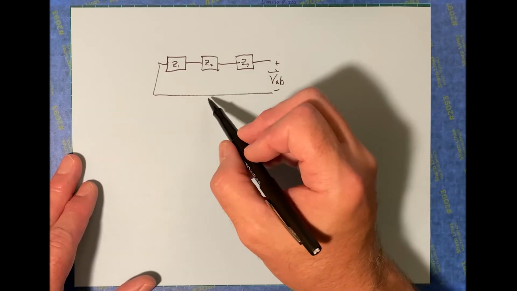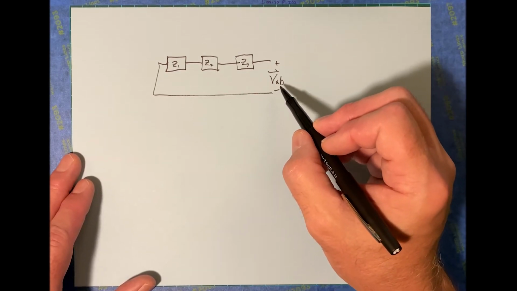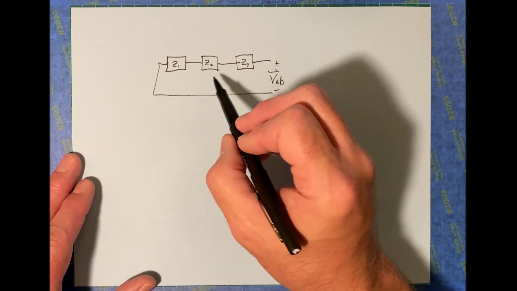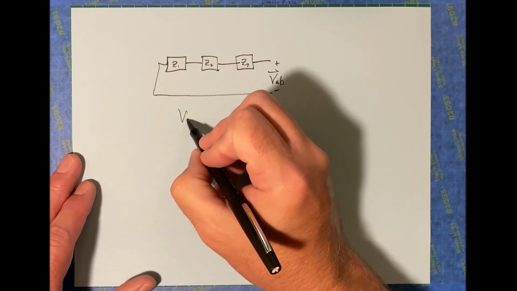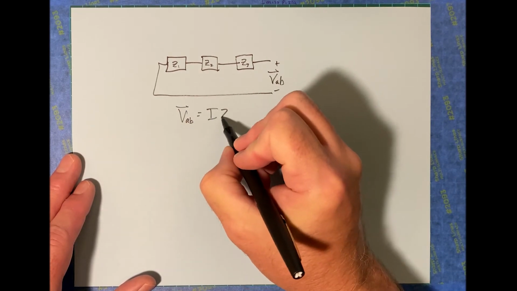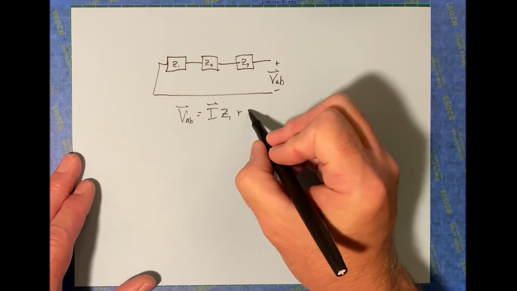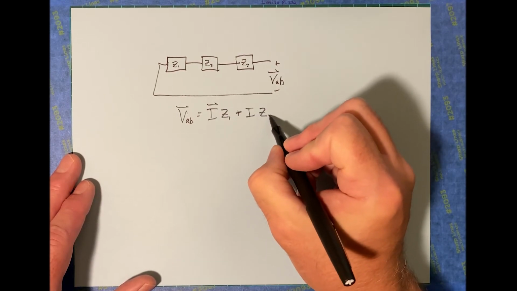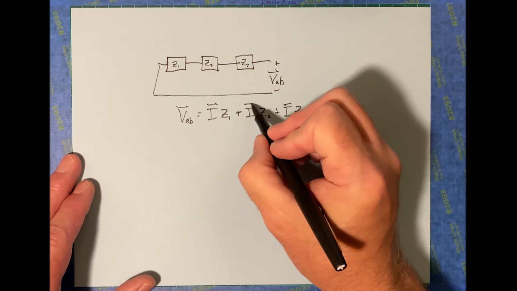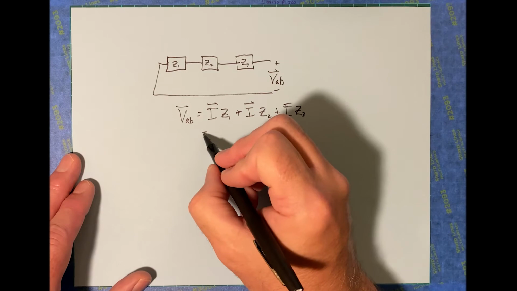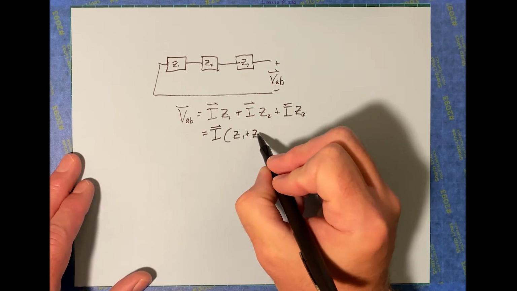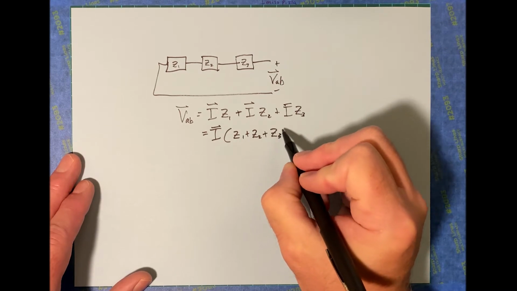Well, VAB is going to be the sum of whatever the voltage drops are across this. So the phasor VAB is going to be I times Z1 plus I times Z2 plus I times Z3. Okay, so we could factor out the I, and we have Z1 plus Z2 plus Z3.